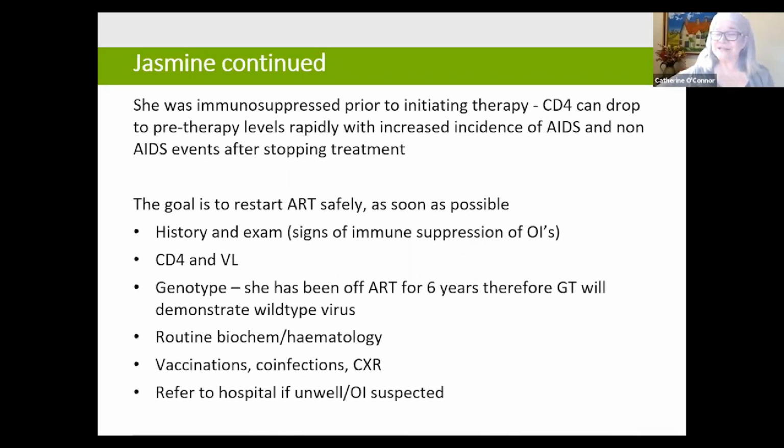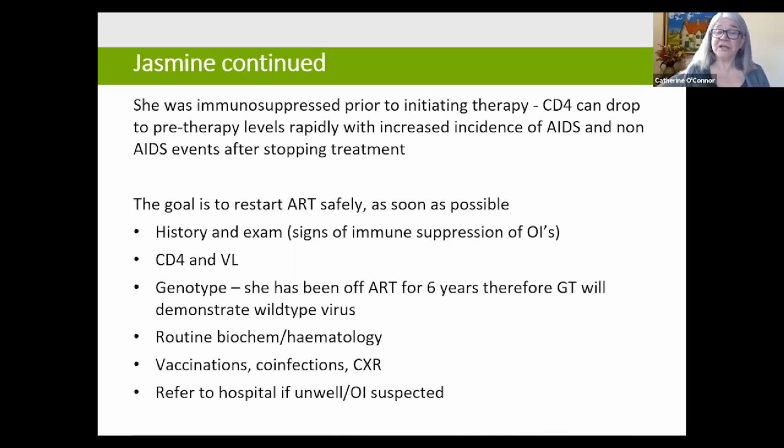So, it's 6 years, and her nadir was just over 200. So she is certainly going to have a low CD4 count. I would be expecting probably about 100, or even below.